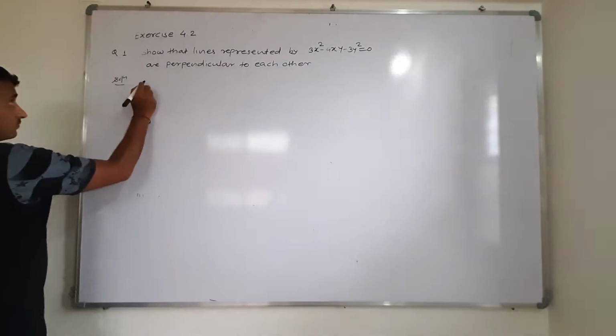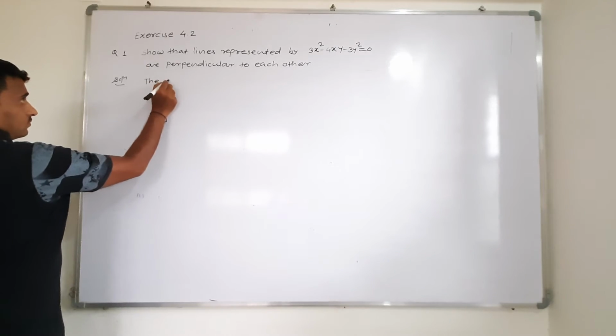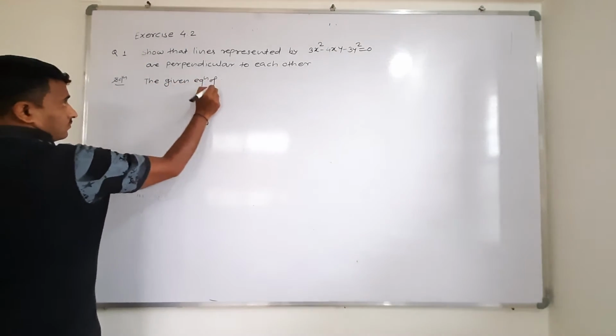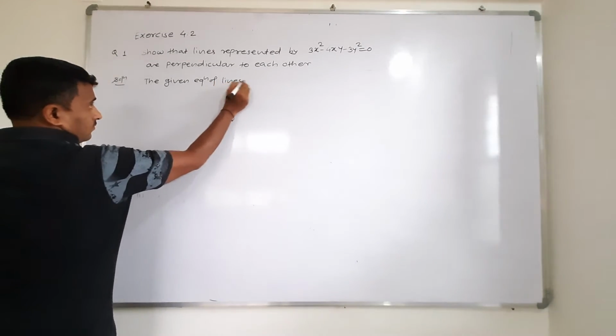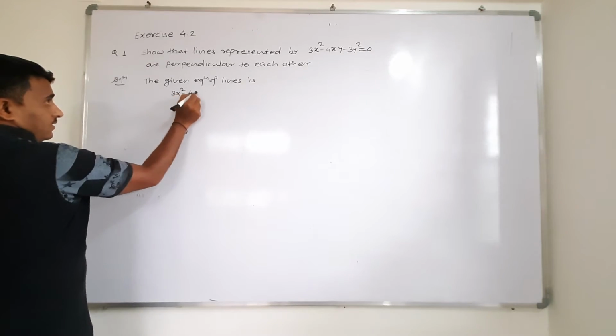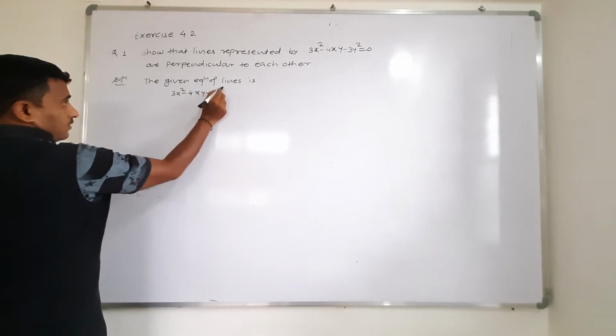The given equation of the line is 3x square minus 4xy minus 3y square is equal to 0.